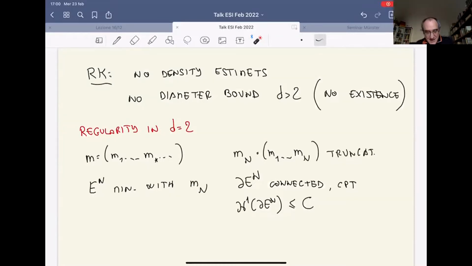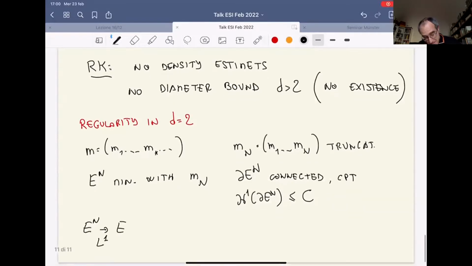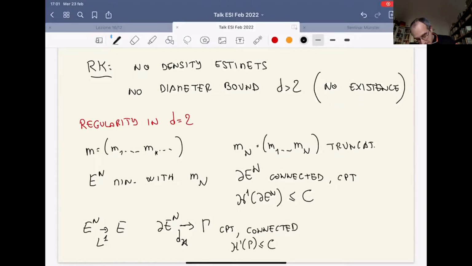So your E_n goes to your limit minimizer in L1, but the boundaries of E_n go in the Hausdorff distance to some gamma, and gamma is in the same class, compact and connected with H1 of gamma less than C.